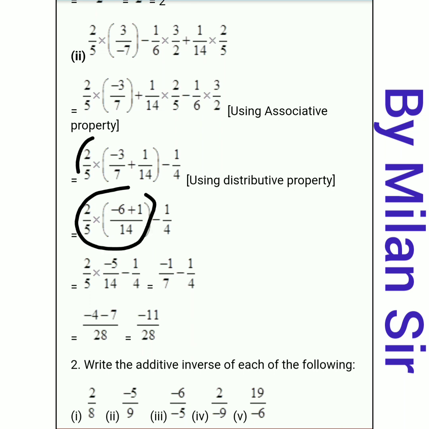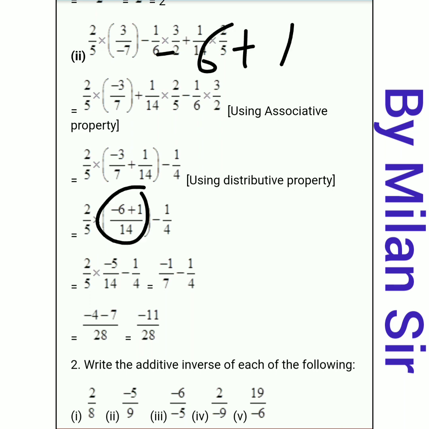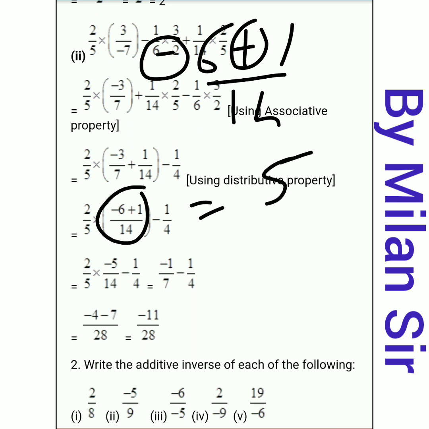So that is written here, 2 by 5 as it is, and we simplify this bracket, and the last term, minus 1 by 4, is as it is. Okay, now what is the answer of this bracket? Minus 6 plus 1 upon 14, right? Here minus, here plus, so minus 6 plus 1 is 5. The bigger number's sign is negative, so I need to write a negative sign upon 14, right?